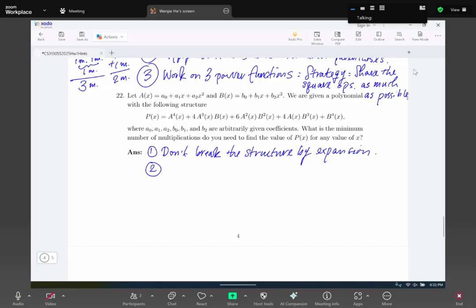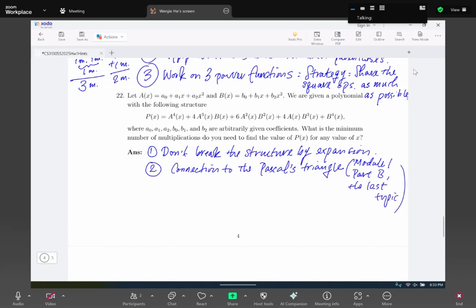Consider that connection to Pascal's triangle. So in our module 1, part B, last topic.